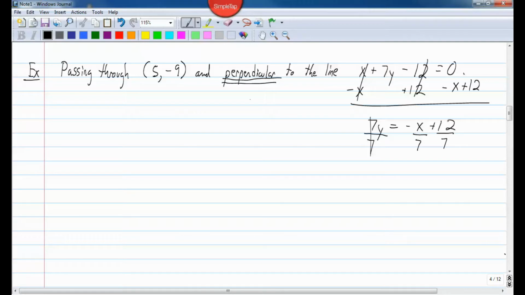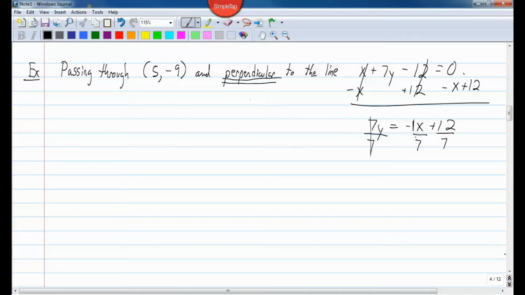I'm going to divide each term by 7 so we can see the slope. What is the slope of this line? The number in front of the x. We usually don't write a 1, but this is a negative 1/7, right? So the slope of the given line in the problem is negative 1/7.